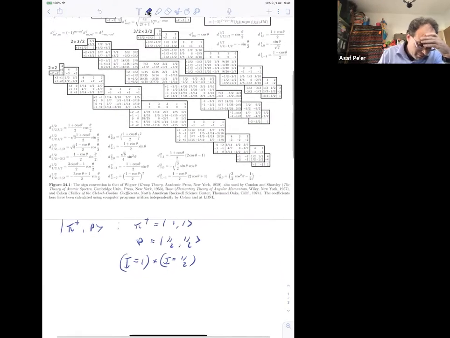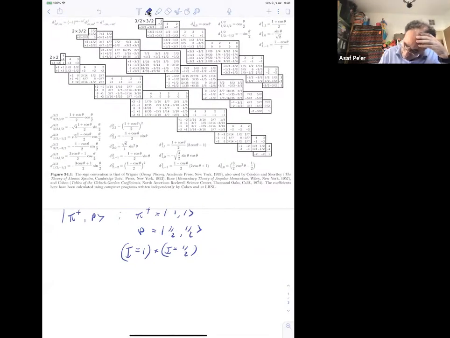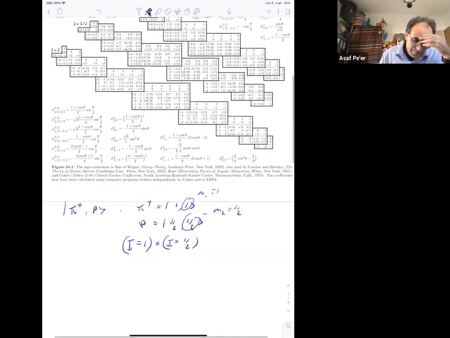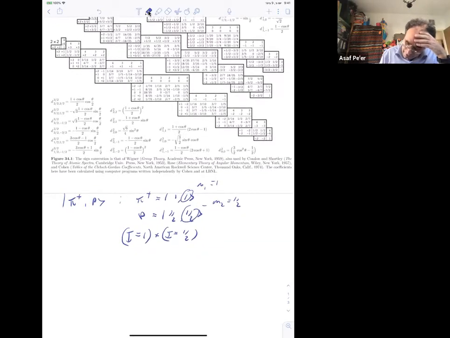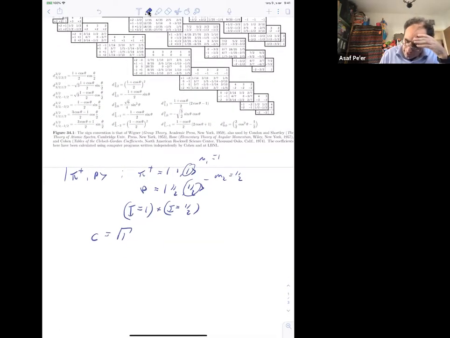So we have the combination of M1 is 1, M2 is 1/2. And then we get that C must be square root of 1, and that multiplies the quantum state with J equal 3/2 and M equal 3/2.